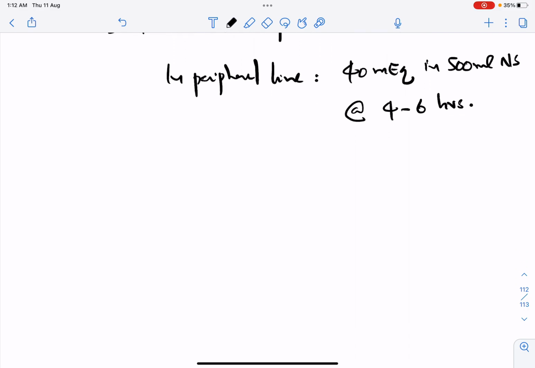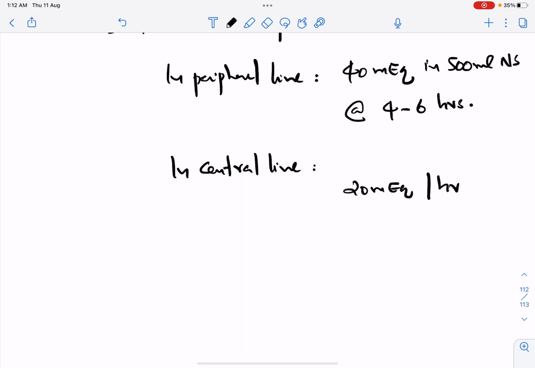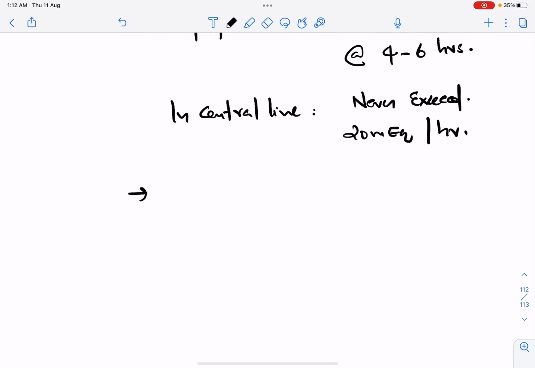Okay, but in a central line you can give a much higher concentration, but in a central line also you can go up to a correction of 20 milliequivalents per hour. Never exceed more than 20 milliequivalents per hour.